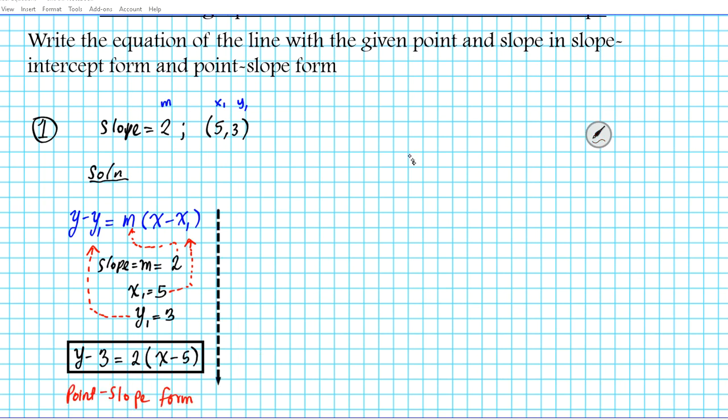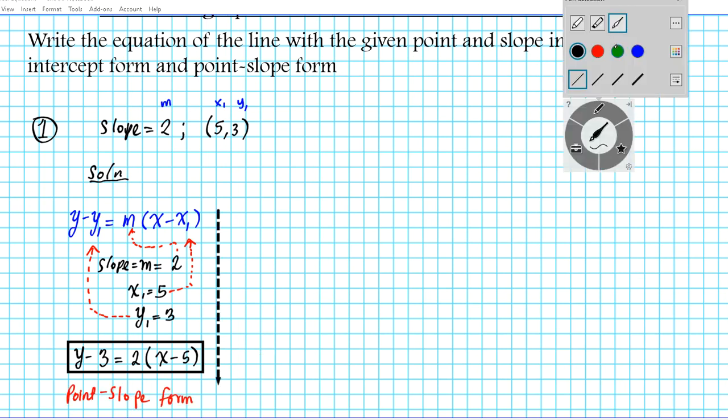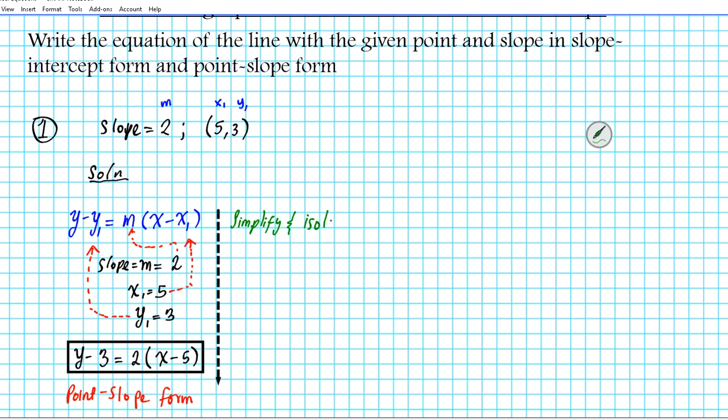Now to get the slope-intercept form, all we are going to do is simplify and isolate y, to get the slope-intercept form. Okay, so let's go ahead and do it.